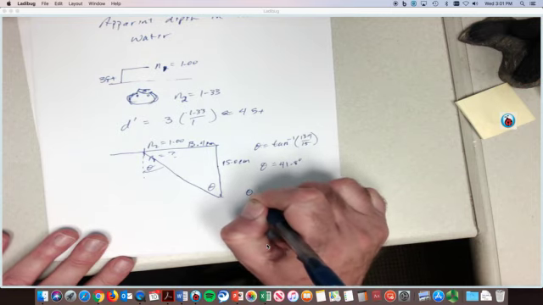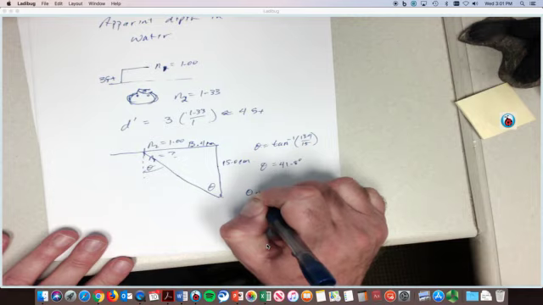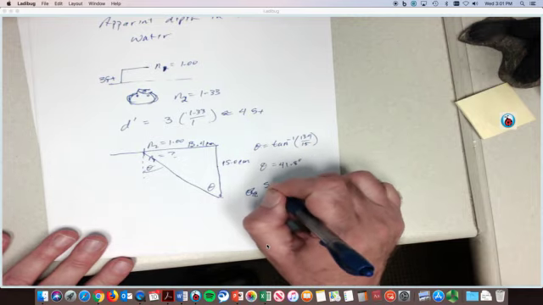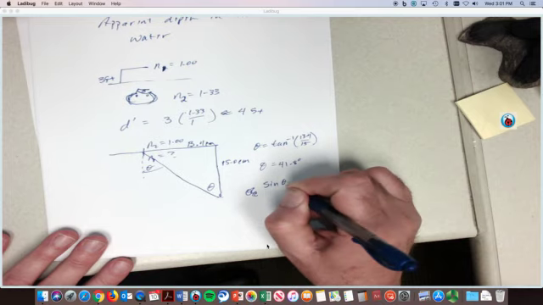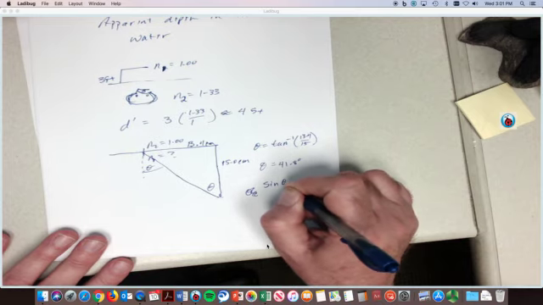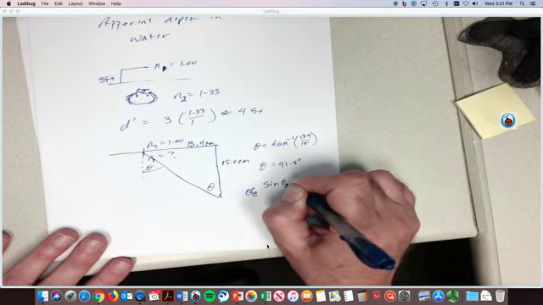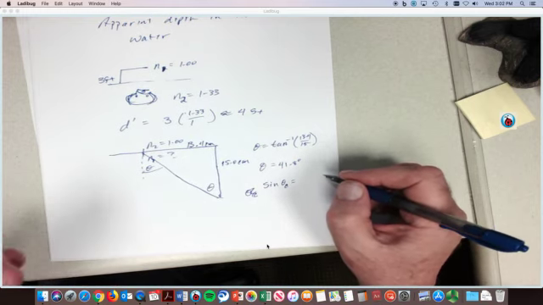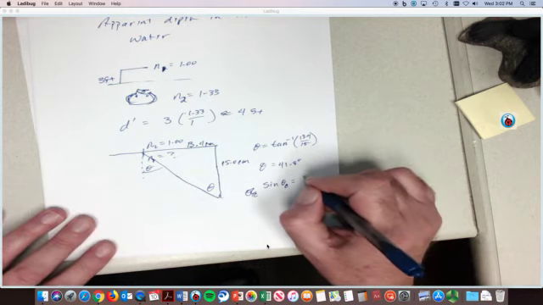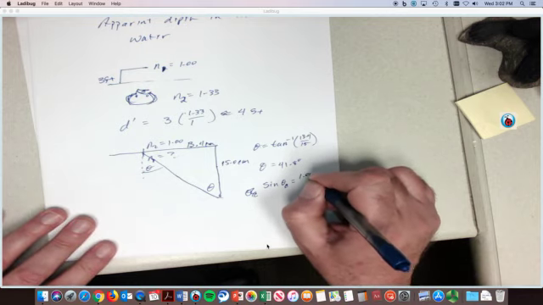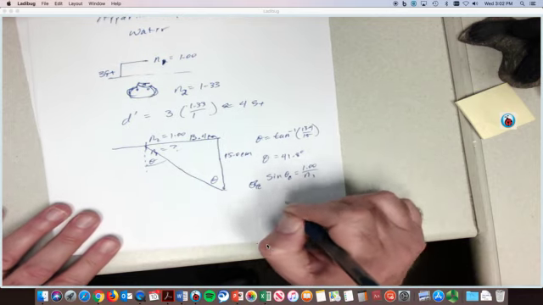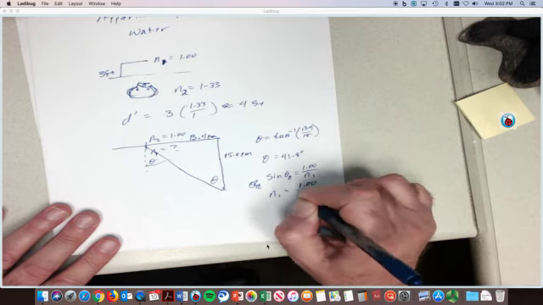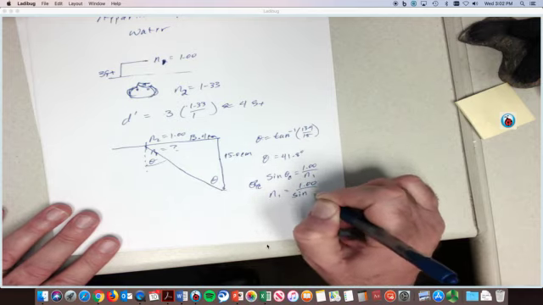So the sine of the critical angle theta C is equal to, now remember, N2 has to be less than N1, 1.00 over N1. So N1 is equal to 1 divided by the sine of 41.8.